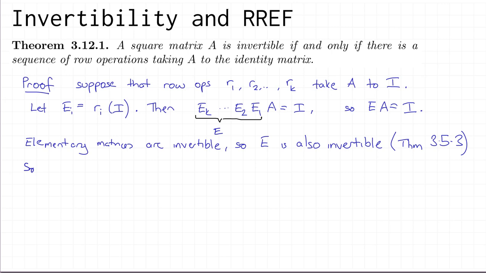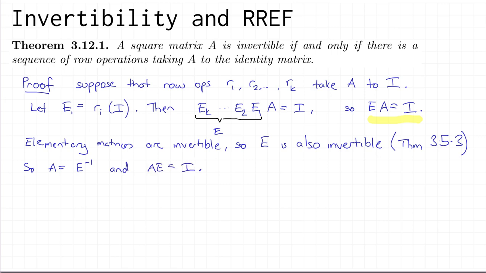Well, I can multiply my equation on the left by the inverse of E. So I'm multiplying my underlined equation on the left by E to the minus 1 and getting A is equal to E to the minus 1. And then I could multiply on the right by E to get A E equals I.